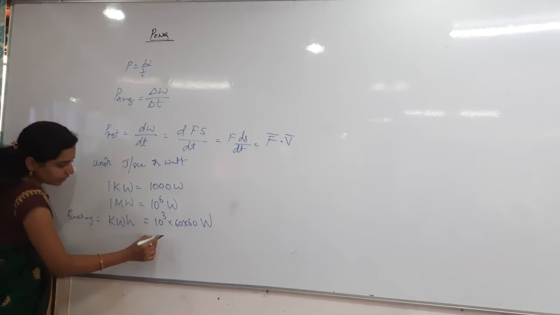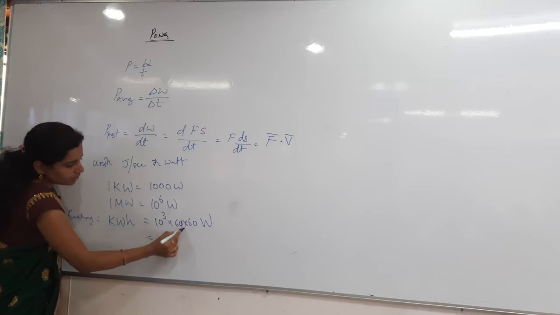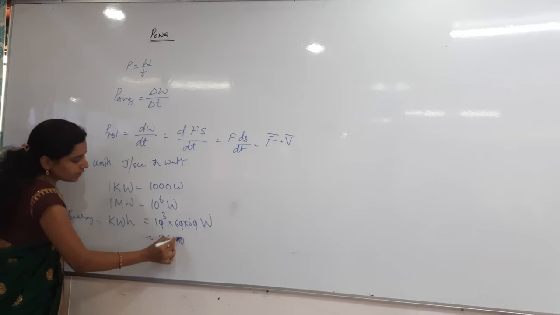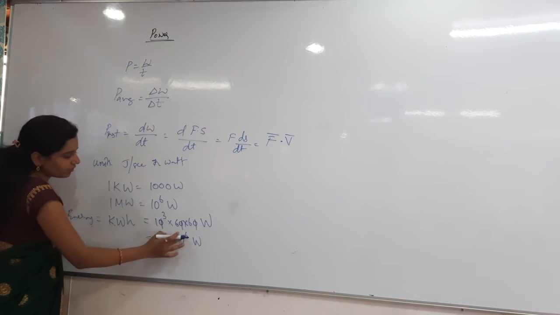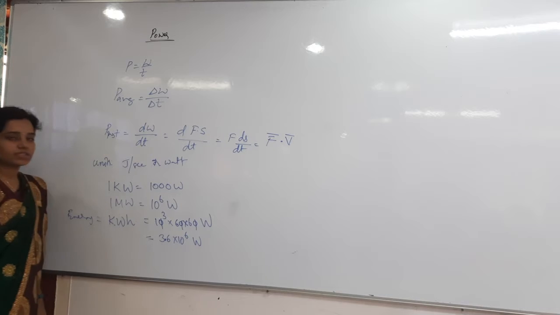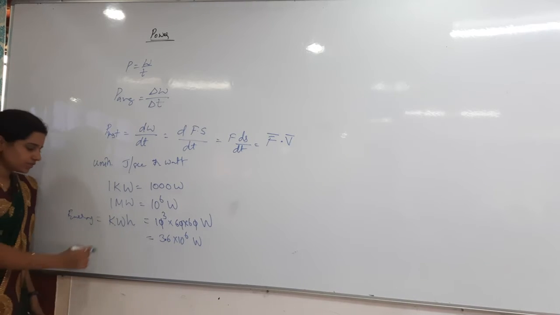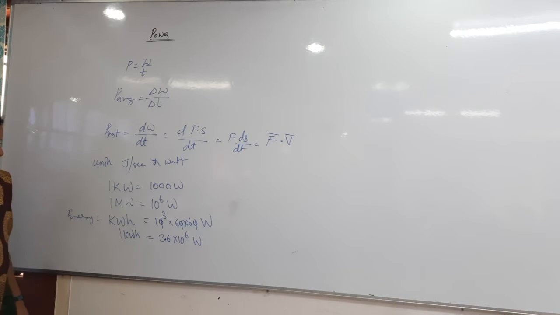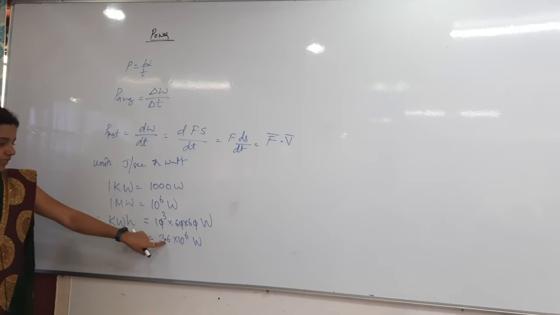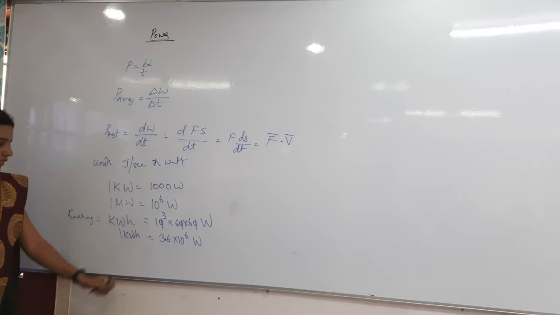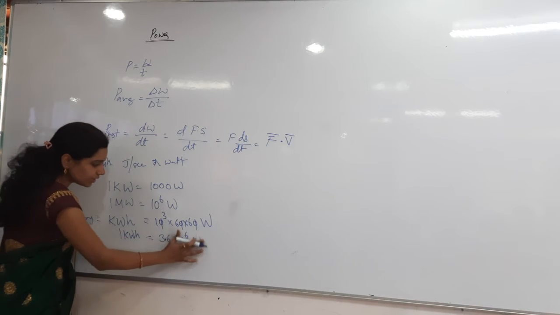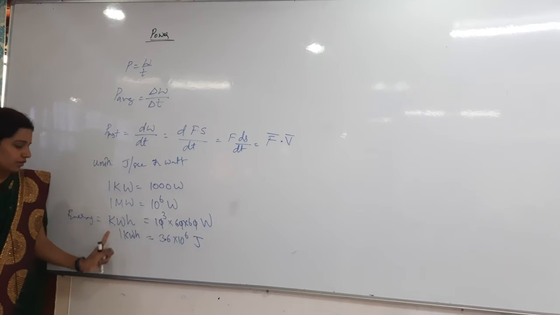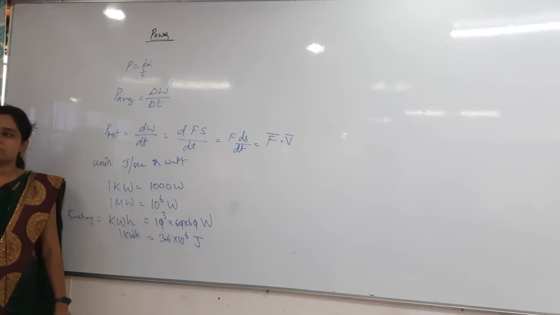Then clearly 36 into 10 power 5, which is 3.6 into 10 power 6. This is 1 kilowatt hour. Is it watts or joules? Joules, right? Energy only. So 1 kilowatt hour is equal to 3.6 into 10 power 6 joules.